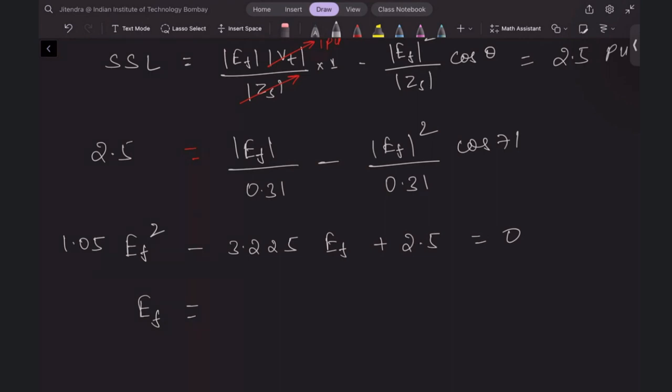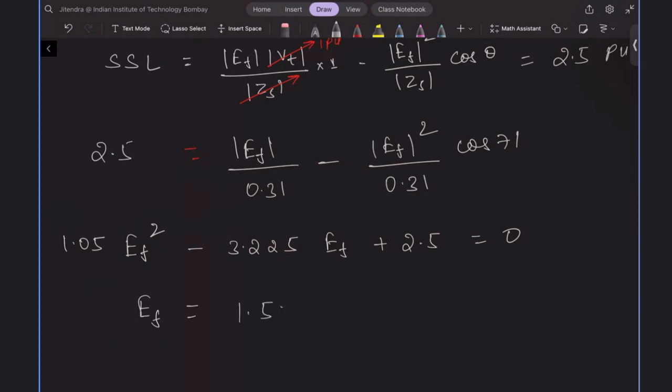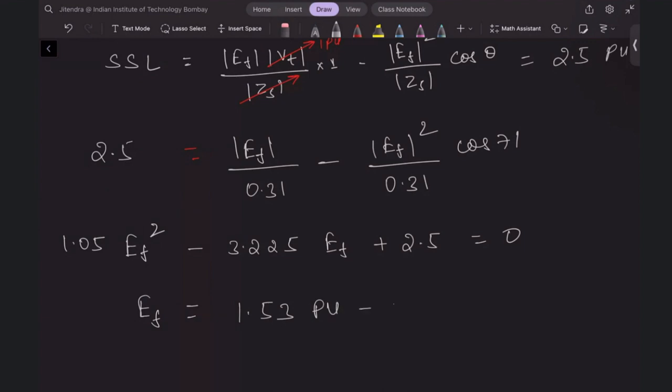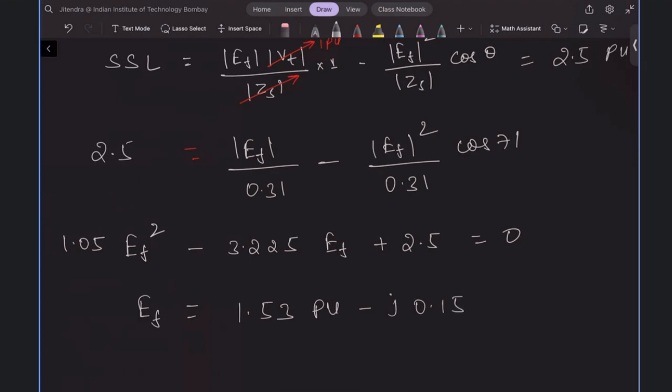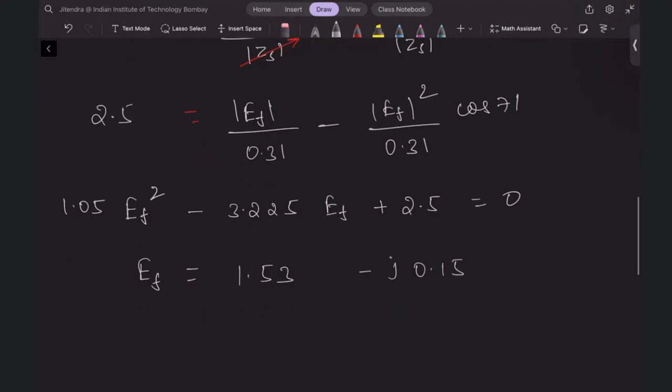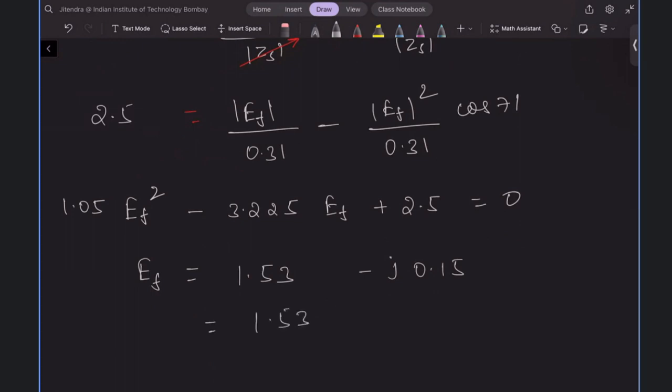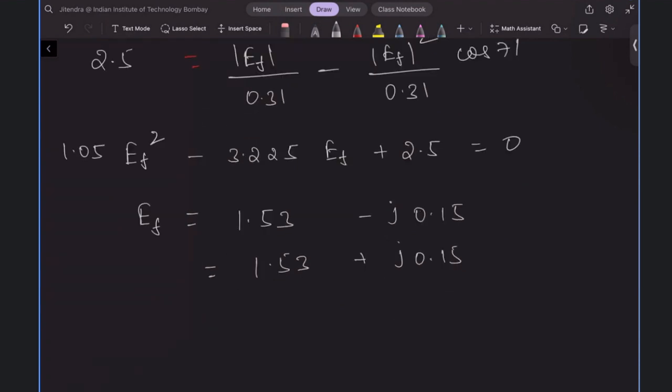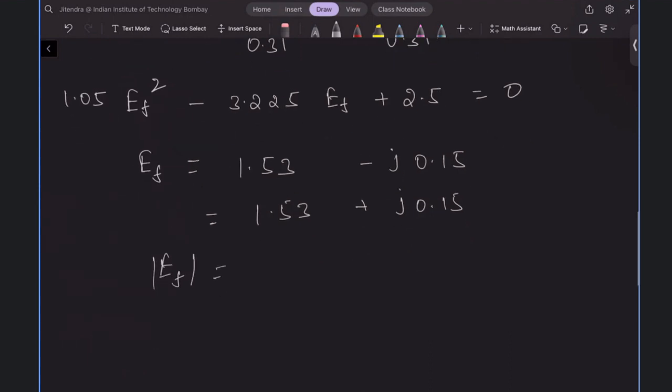Sir, one value is EF is 1.535 minus j0.15. And the other one is its conjugate. Okay, conjugate of it. So if you just take the mod, that will be the magnitude of your excitation EMF.